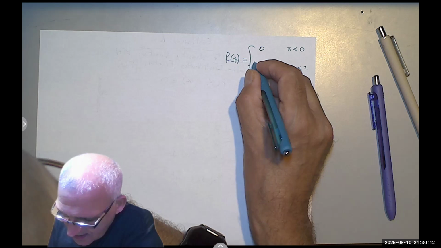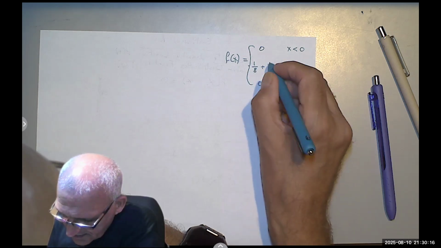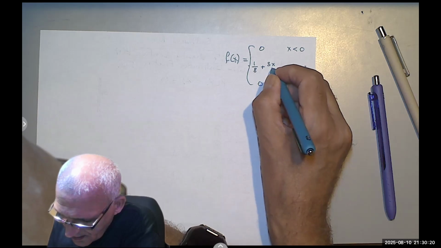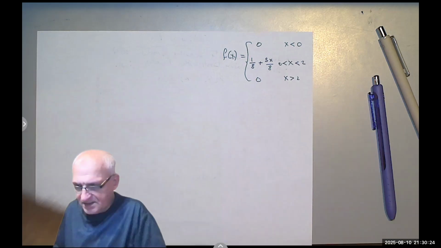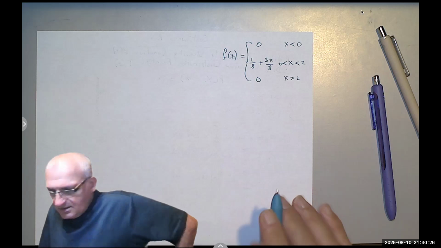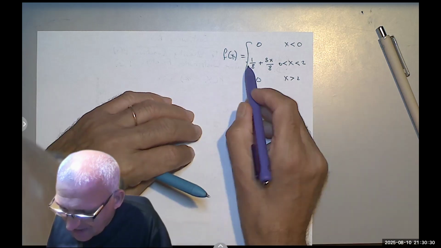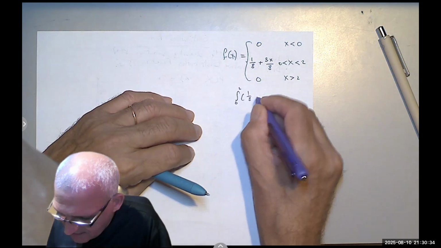We want something that when we integrate, we get 1. I think I made up some numbers and I got 1/8 plus 3x over 8, I think. We can check. I'm going to take the integral of that from 0 to 2 and see if I get 1.